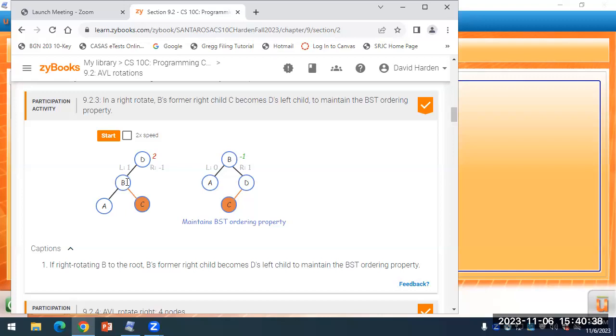We have to do a double rotation, but it's still the same rotation. You're just doing it twice. So the rotation we just learned, you may have to do it from the opposite direction, you may have to do it twice, but that's the rotation.